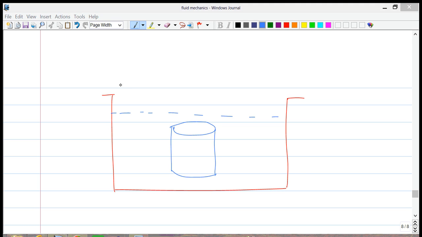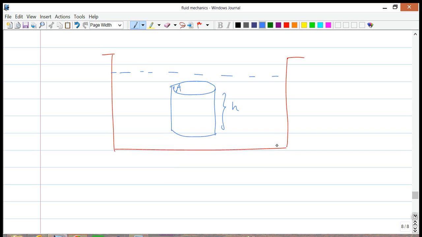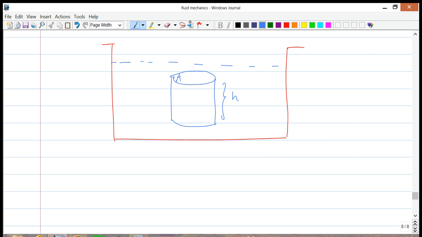Let us say we have some object of area A and height h, and we're going to figure out the total force that the liquid exerts on this object. What we know is that the force is going to be due to the force from all the elements of the liquid. We have force on the top, force on the right, force to the left, and in all possible directions. And we're going to figure out the total force.